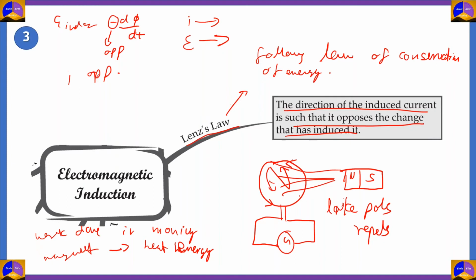But since Lenz's law states that the direction of the induced current is opposing the change, the current is anti-clockwise. And when it comes to a circular loop, anti-clockwise means it's north, while clockwise means that it's usually south. So this acts as a north pole, this acts as a south pole, so that when we are moving the magnet, the poles repel and attract accordingly.